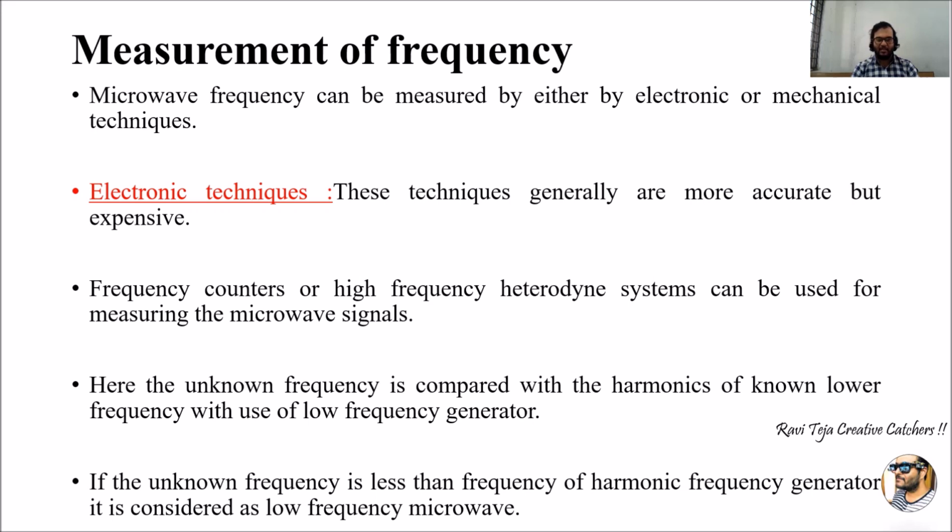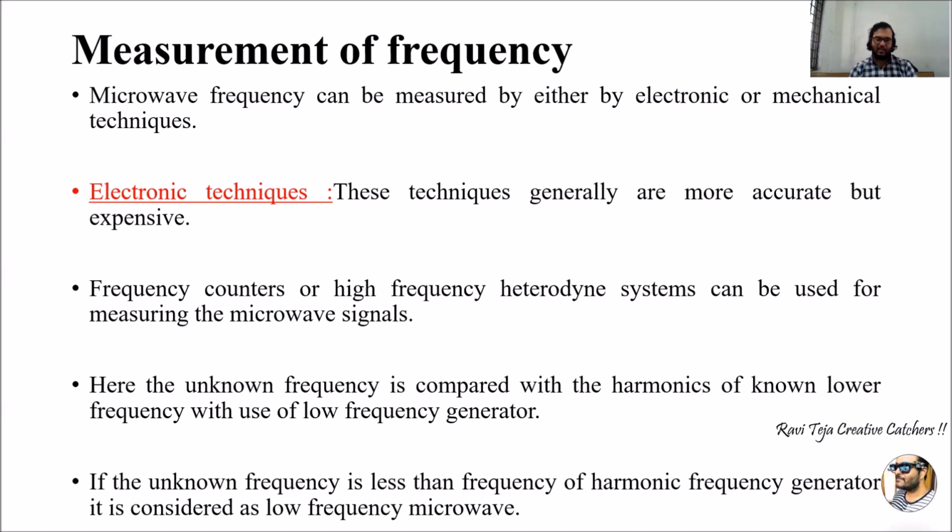Now what happens if the unknown frequency is less than the frequency of the harmonic frequency generator? It is considered as a low frequency microwave. So we will have a low frequency generator generating the harmonics of known lower frequencies, and we will compare them with an unknown frequency.